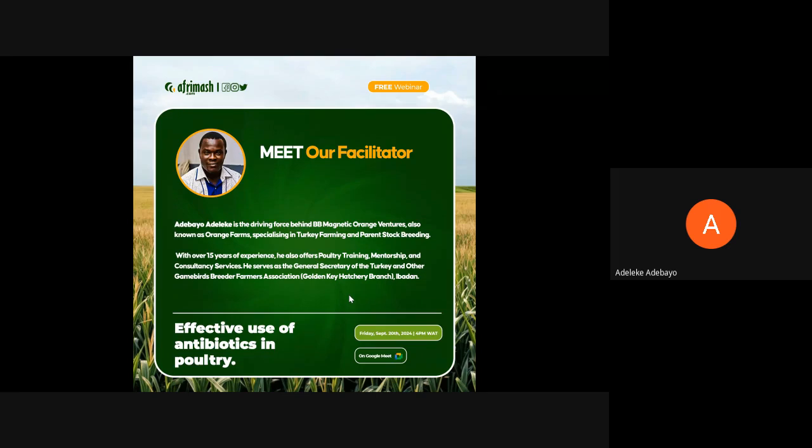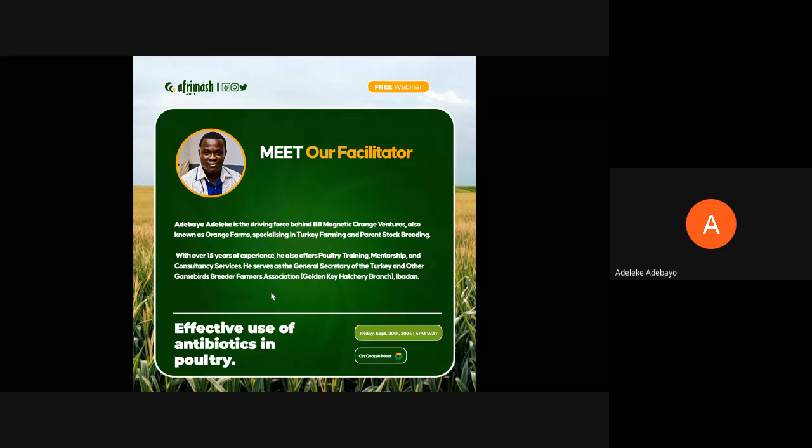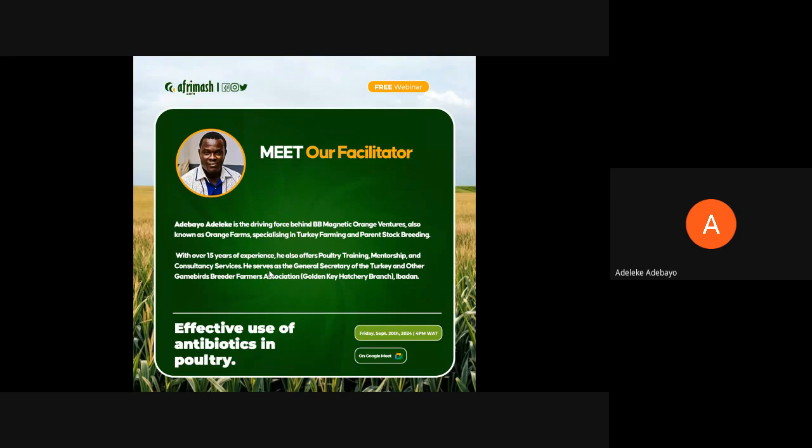All these are done to boost the immunity of birds and reduce or completely eliminate the use of antibiotics for treatment. However, organic producers are not supposed to withhold medical treatment from a sick animal in an effort to preserve its organic status. That's one fact we have to know.